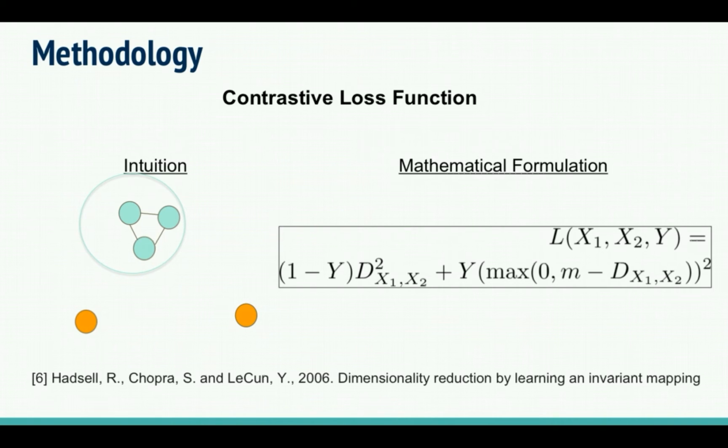L represents a loss function between any two products x1 and x2 and the relationship between them, y. And d of x1 and x2 is the distance between the embeddings of product x1 and product x2. The distance function that we are using is the Euclidean distance.